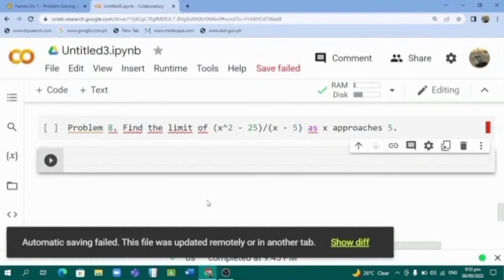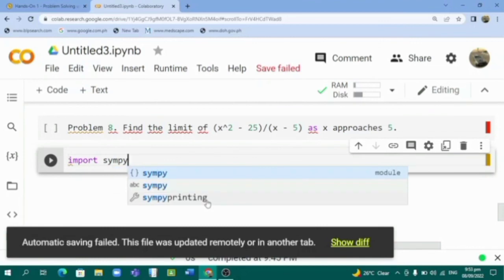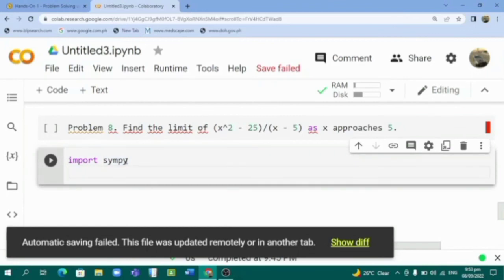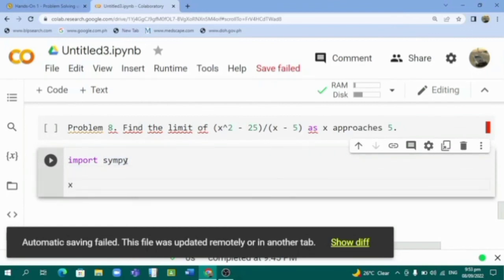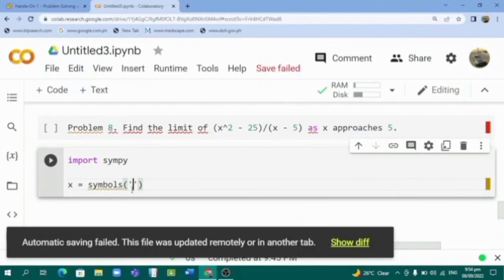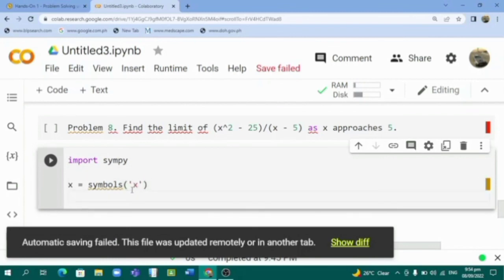In the first line, we're going to import SymPy. Import SymPy. And then I put here x variable equals to symbols, close open parentheses, I put inside x, and then I type here the function, which is x raised to the power of 2 minus 25, divided by x minus 5.